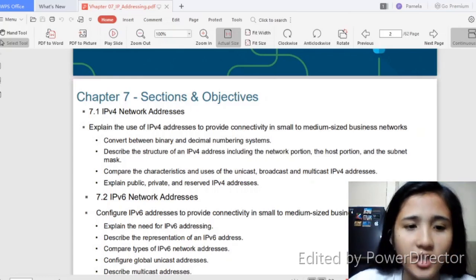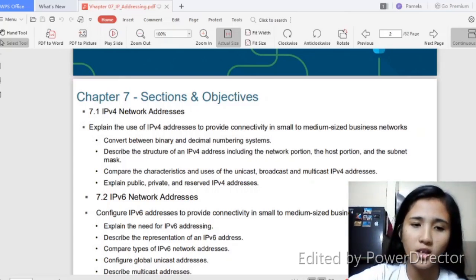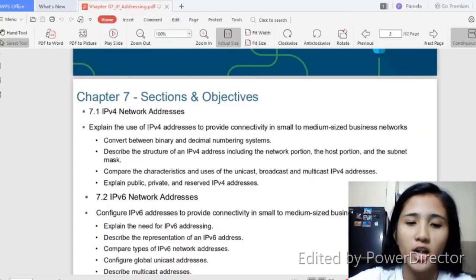Compare the characteristics and uses of the unicast, broadcast, and multicast IPv4 addresses. And then explain public, private, and reserved IPv4 addresses.